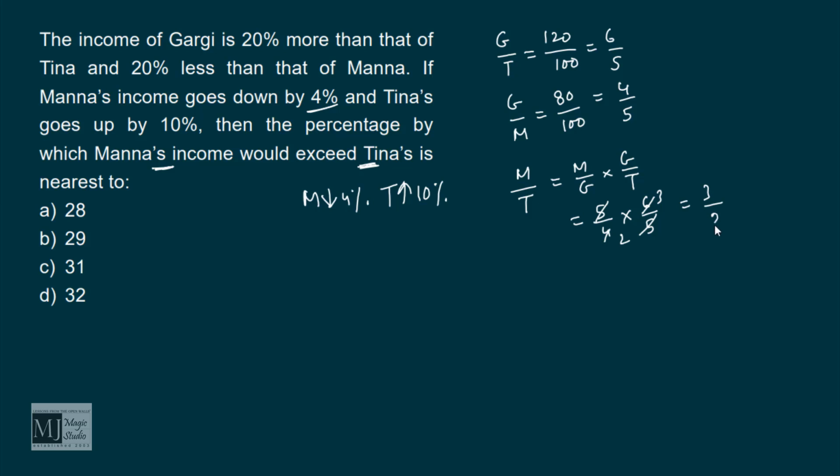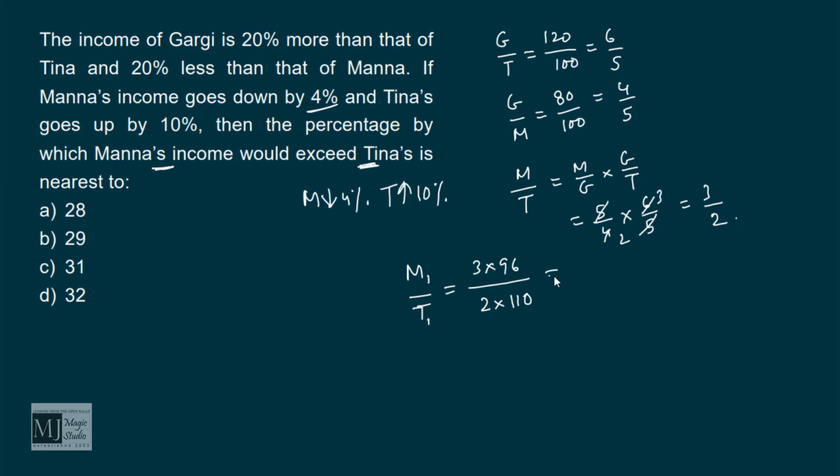3:2. Now, Manna's income goes down by 4%. That means new Manna's income and new Tina's income is 3 into 96, I can write, because it goes down by 4%. That means only 96% remains. Tina's income goes up by 10%. So I can say this is 2 into 110, isn't it?